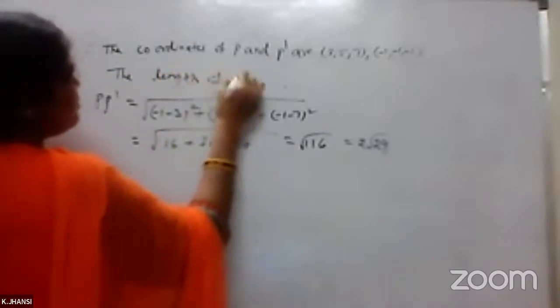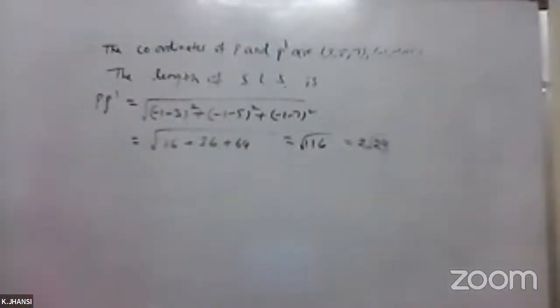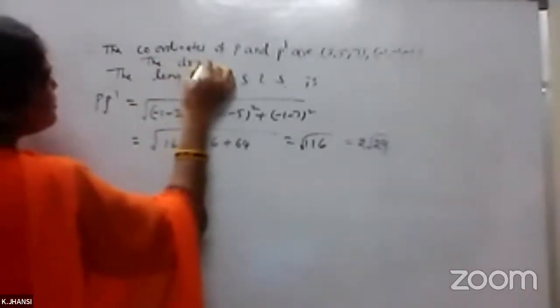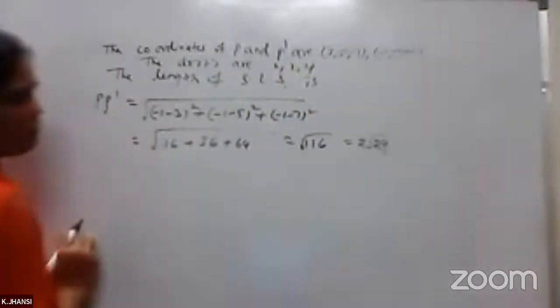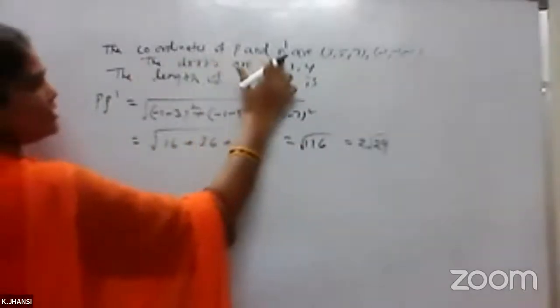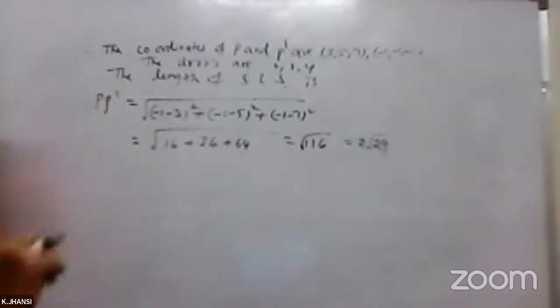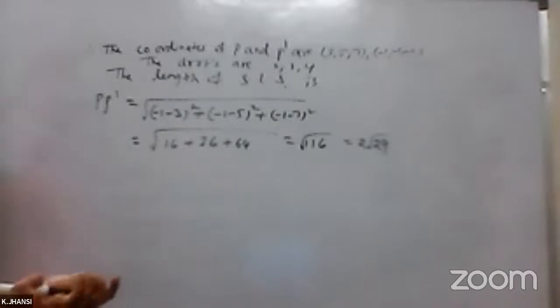The length of shortest line segment is... If any steps are there, you can see from your textbook. And even you can write here the direction ratios we got, no, 2, 3, 4. So the length of shortest line segment, whatever the coordinates of P and P dash are, you have the length formula, no? Under root of (x2 minus x1) whole square plus (y2 minus y1) whole square plus (z2 minus z1) whole square.